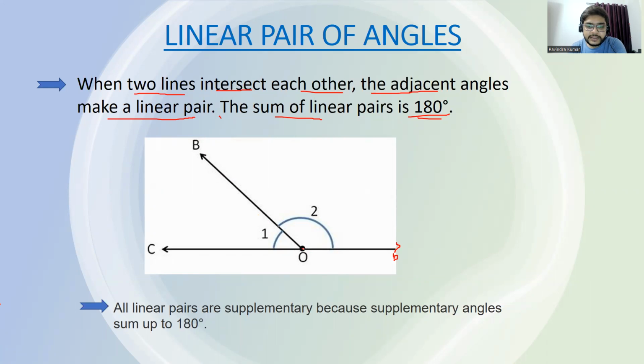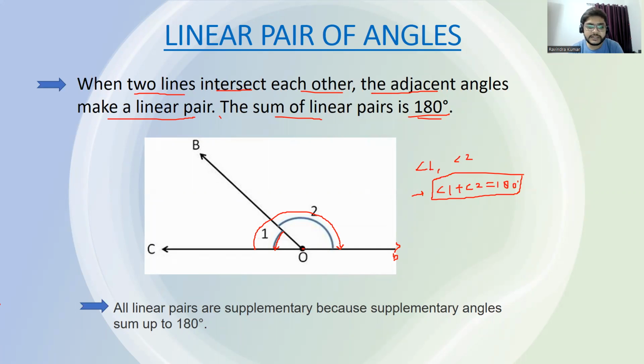It is intersecting at point O, and at point O two angles are formed, angle 1 and angle 2. These two angles, angle 1 and angle 2, are called a linear pair of angles. When we sum these two angles, it must be equal to 180 degrees, because when we add angle 1 and angle 2, it will form a straight angle, and we already know the value of a straight angle is 180 degrees. Got it?